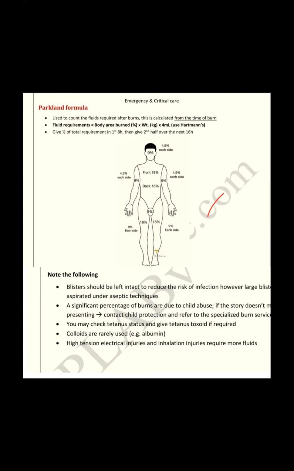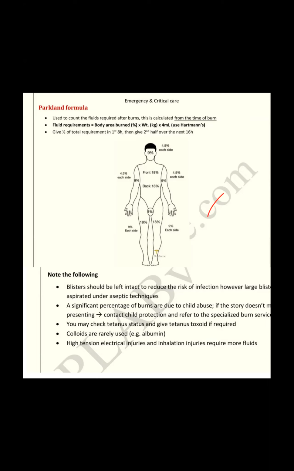They will not give any calculator. So, from my experience, just ask for a pen or a pencil, and you can draw and calculate it. In the first 8 hours, give half.